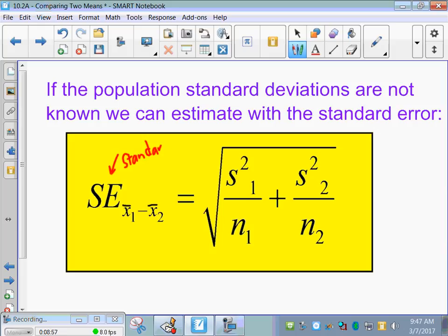That's just what it's called when we don't know the population standard deviation. And we just substitute it out for S, which is typically what's going to happen. So S is the standard deviation of what? The sample. So it's the standard deviation from the sample, which is typically how this is going to work.